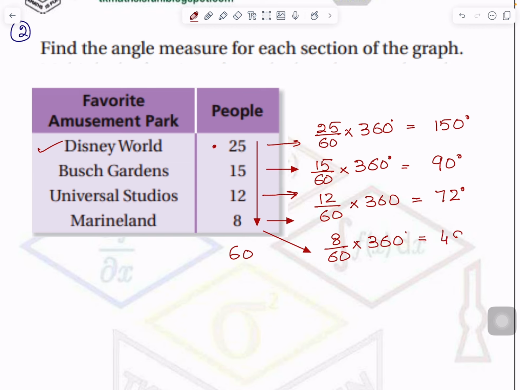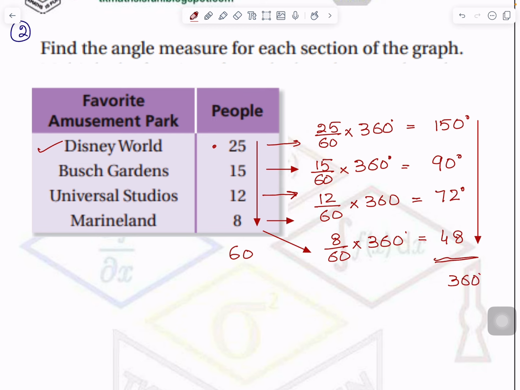Now to check whether my answer is correct or not, the sum of all these degrees should be equal to what? 360, right? So let's add up all of them. 150 plus 90 plus 72 plus 48, 360.